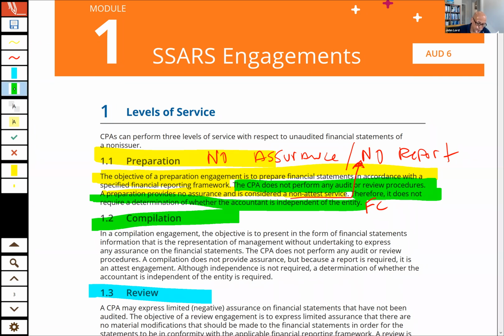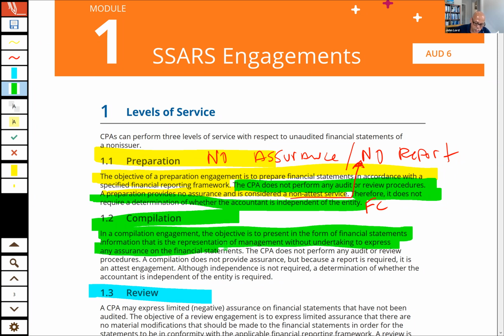Now, with a compilation, the objective is to present in the form of financial statements information that is a representation of management without undertaking to express any assurance on the financial statements. So no assurance. Since there's no assurance, we do no audit, no review procedures, okay?